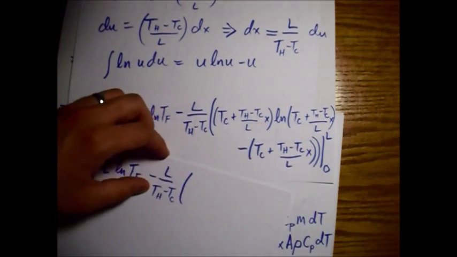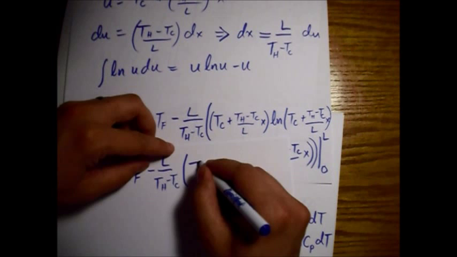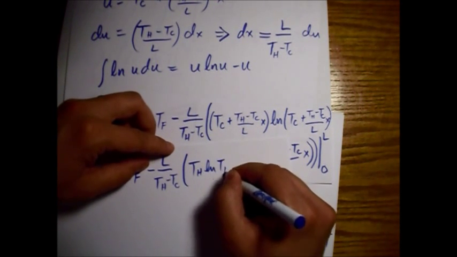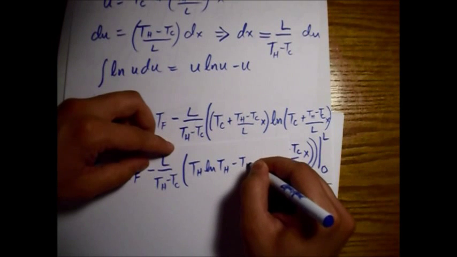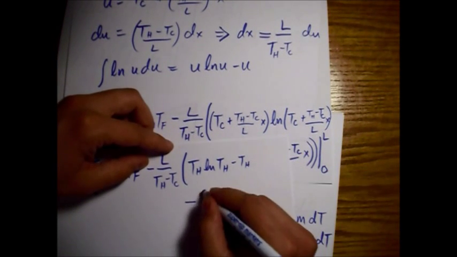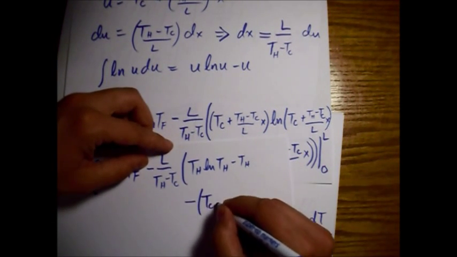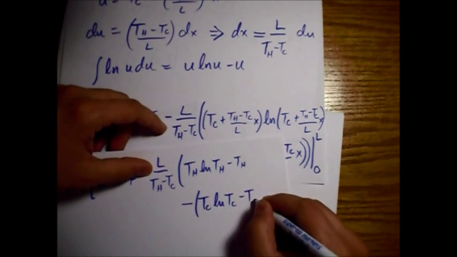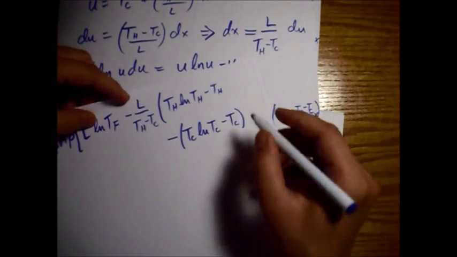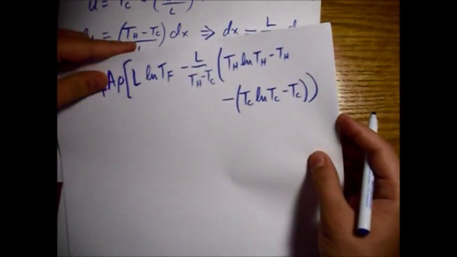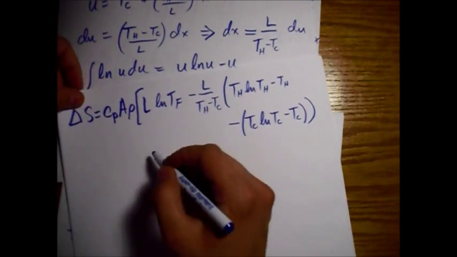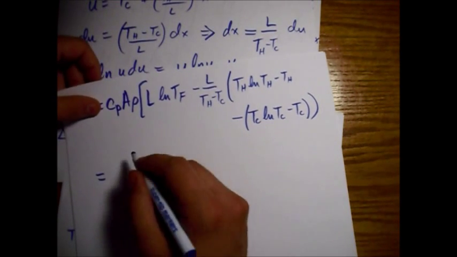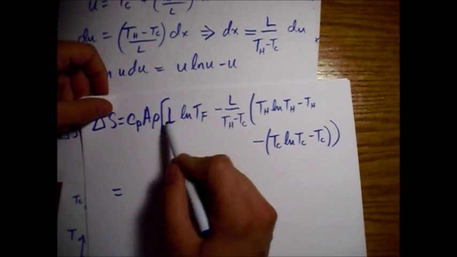So we have a Th ln of Th minus Th, and then minus Tc ln of Tc minus Tc. I'm going to go ahead and bring this L out now.